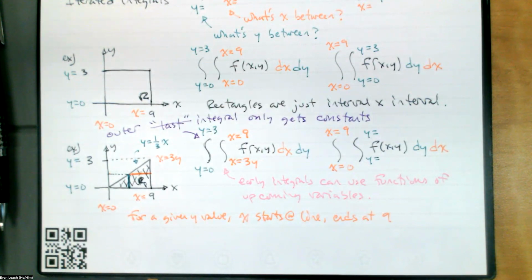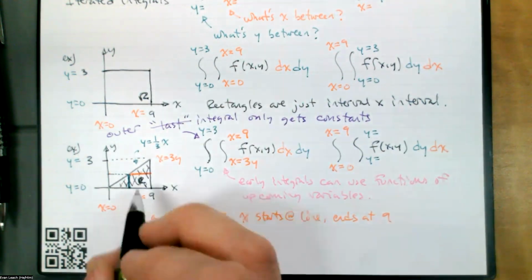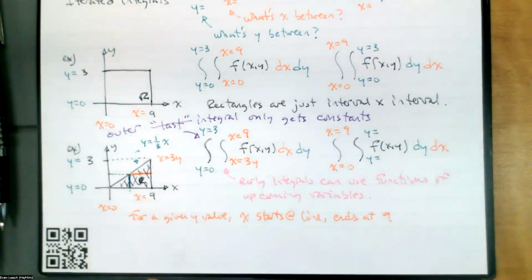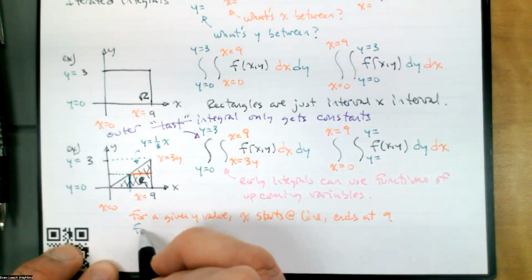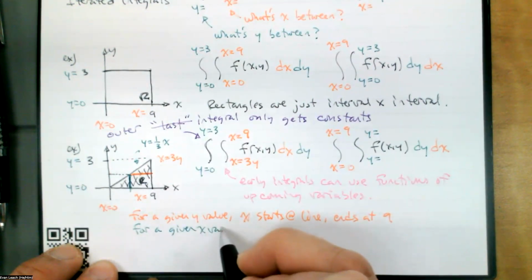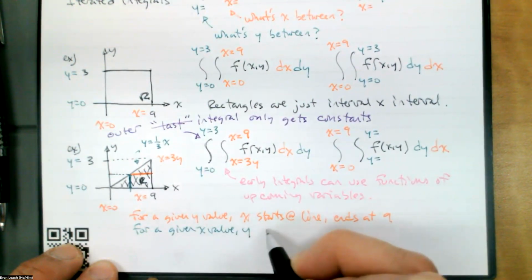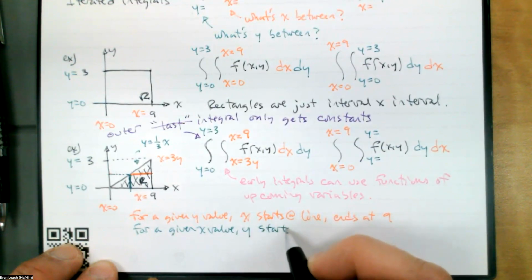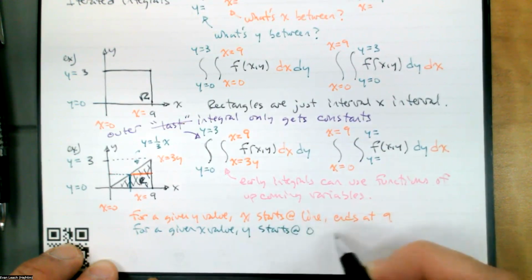Now for y, we got to pick a typical x value. So for a given x value, y starts at 0 and ends at the line.